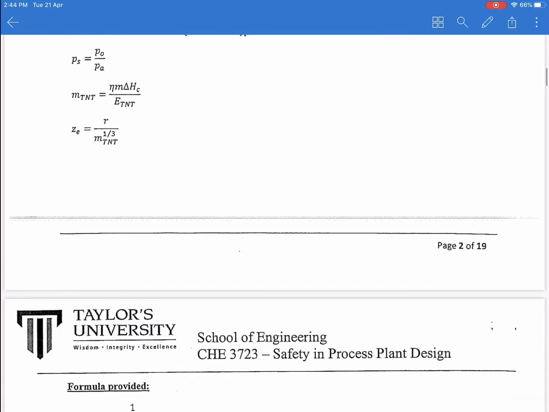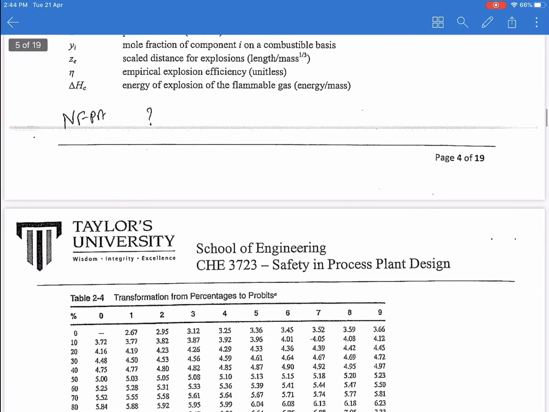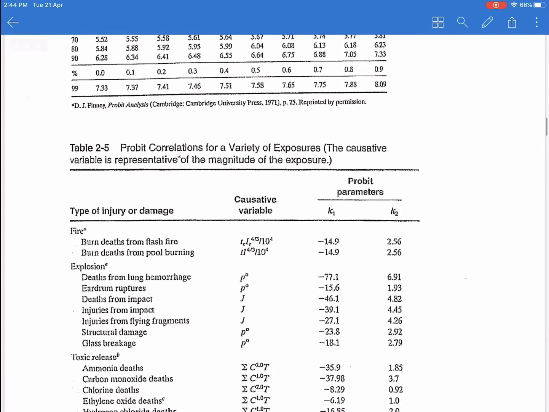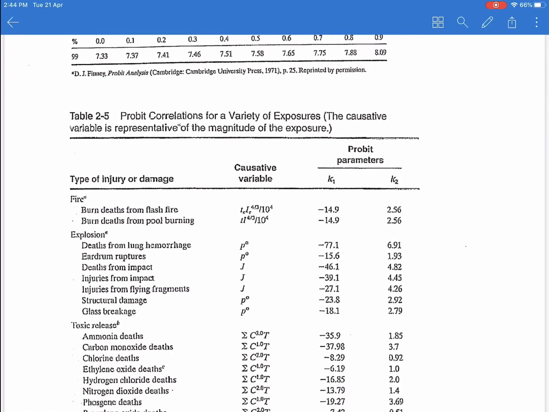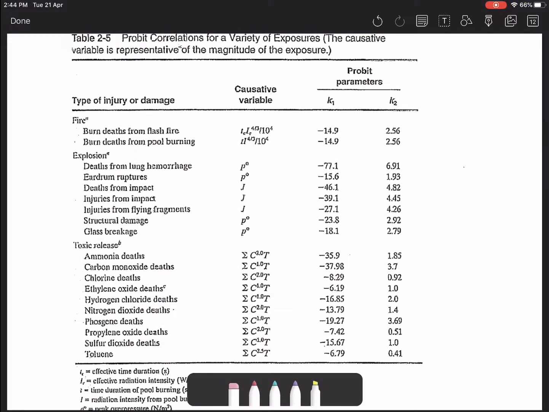So let's go to Table 2.4 and 2.5 to see what data we need. Let's look at 2.5 first. We are talking about chlorine, so look for chlorine, it's over here.